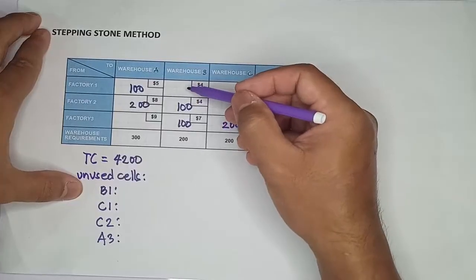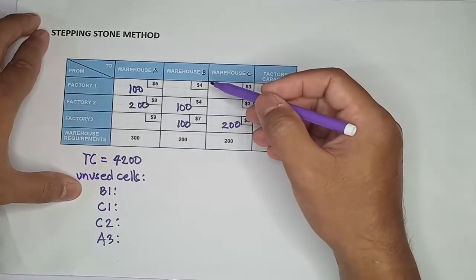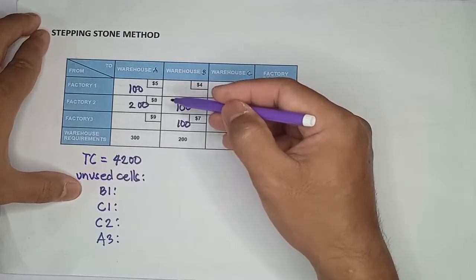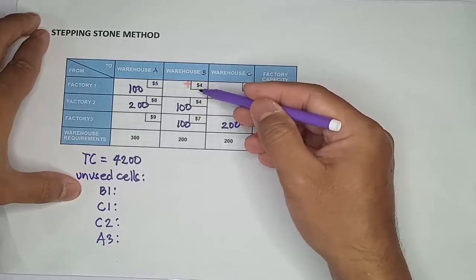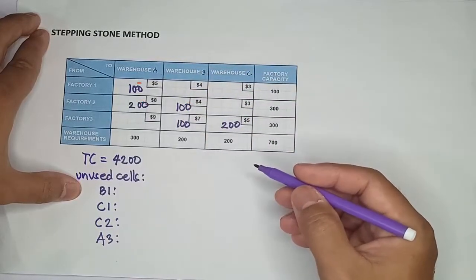Once the loop has been identified, we are now going to take the sum of each of the transportation costs by assigning an alternating plus and minus to these transportation costs.